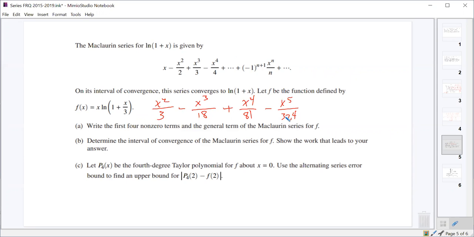And then your general term should have been negative 1 to the n plus 1, and instead of x to the n, it should be x over 3 to the n. So x to the n over 3 to the n times n. And they gave you 2 points for that: 1 for the general term, 1 for the other 4 terms.